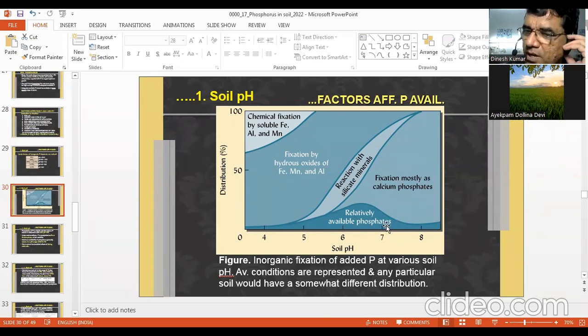As pH goes into alkaline conditions, more than 95% is calcium phosphates. So this is how fixation happens by soil pH, under acidic and basic pH.